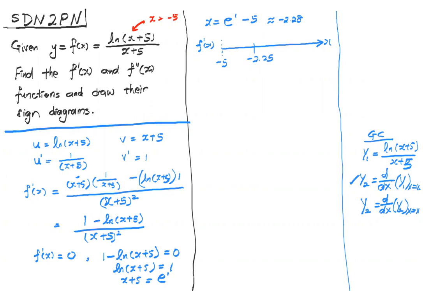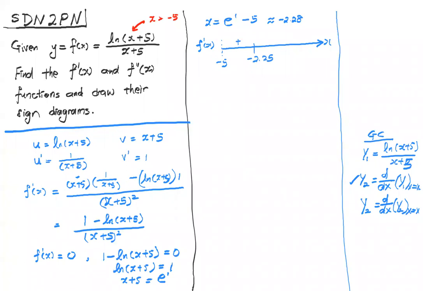Okay, if I want to know the sign, I will use my Y2 in my graphic calculator to help me. Can someone tell me what is the sign between negative 5 and negative 2.28? Plus.